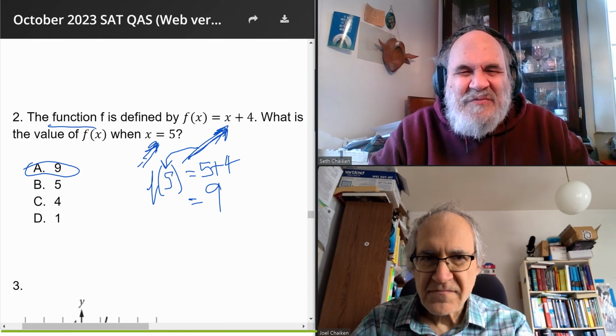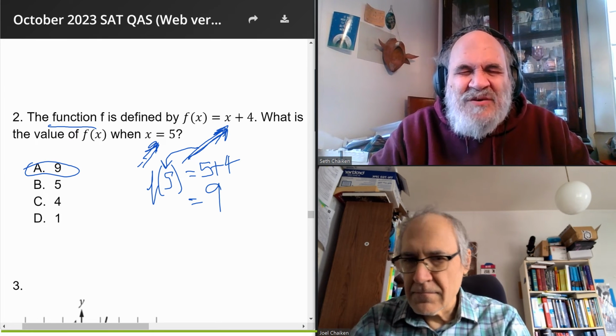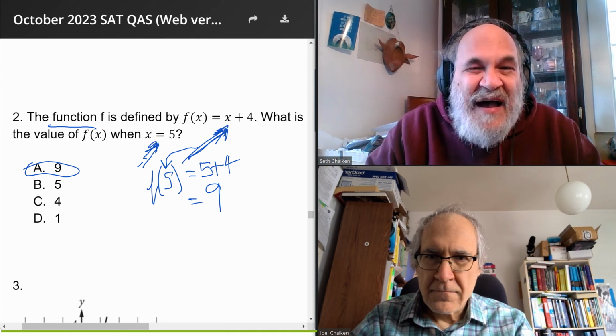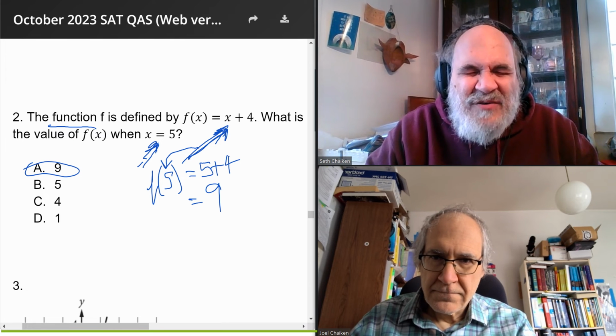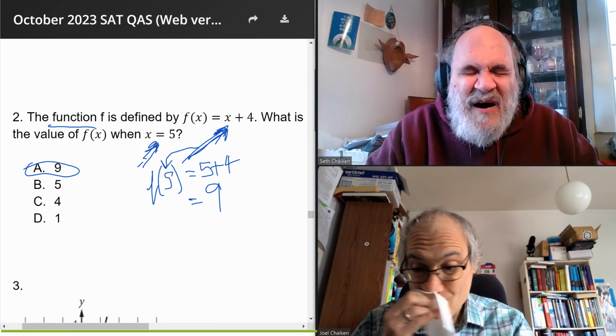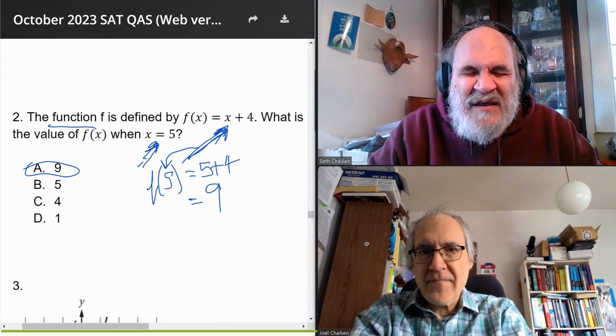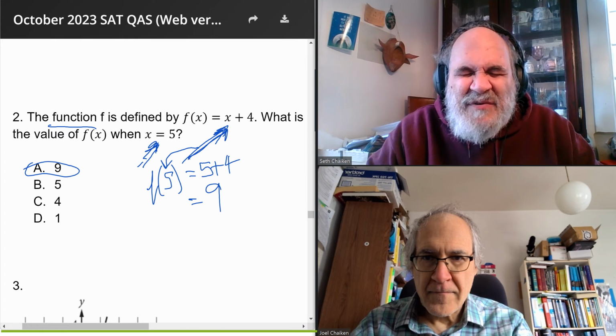In the case of this problem, the input number is 5, and you calculate the value to answer what is the value. You replace the x symbol with a 5. You get a plain old arithmetic expression, and you calculate what the expression means, which is summing 5 and 4. And then the answer is 9.